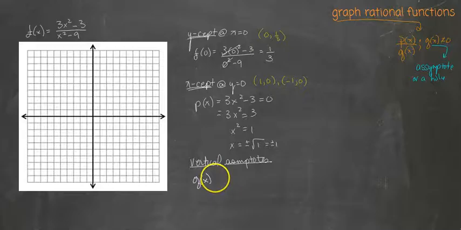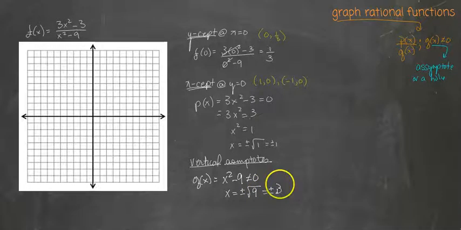So when the q of x is x squared minus 9, not allowed to be 0, well, that's at x equals plus or minus the square root of 9, which is at plus or minus 3. So now I have 3 important pieces of information and 5 important pieces of data, specific data points. So at 3, 0, and at negative 3, 0, I know there's an asymptote. So let's go ahead and put that in.